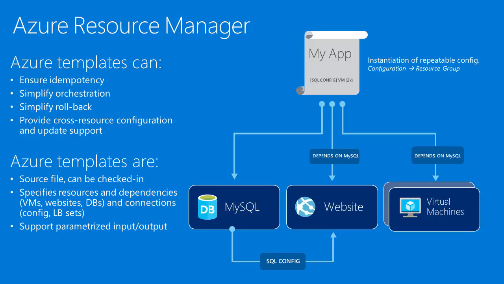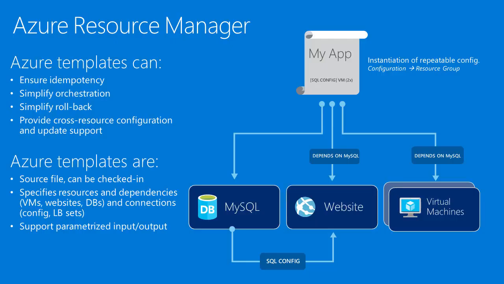These templates are idempotent. When you redeploy them, you only deploy the new stuff, or if there are no changes, then the deployment stays as is. It simplifies the overall orchestration for your application, simplifies rollback, and provides cross-resource configuration and update support. These templates are basically just a source file that can be checked in and version controlled.